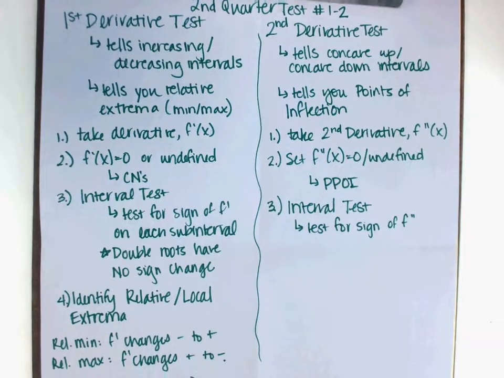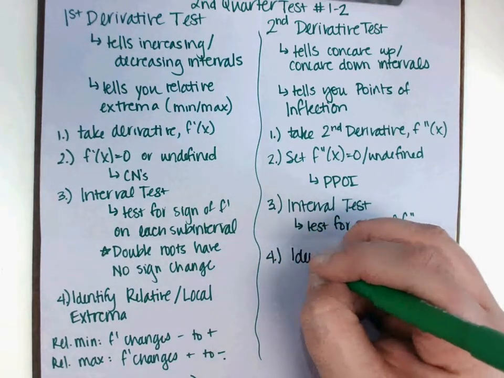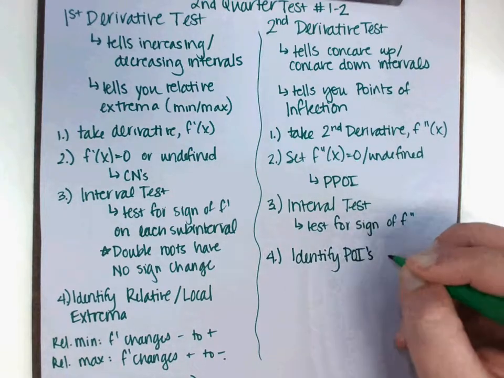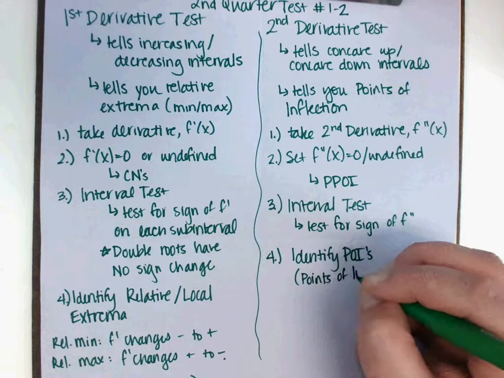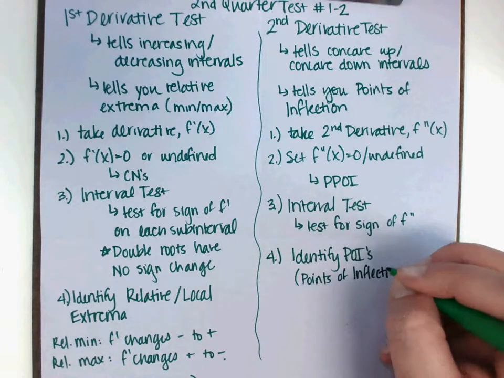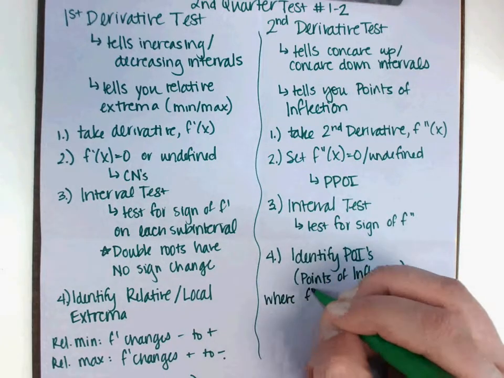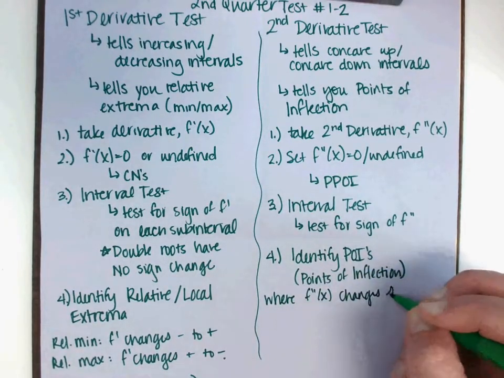After you do your interval test, at that point you should be able to identify points of inflection. And that would be where f double prime of x changes sign.